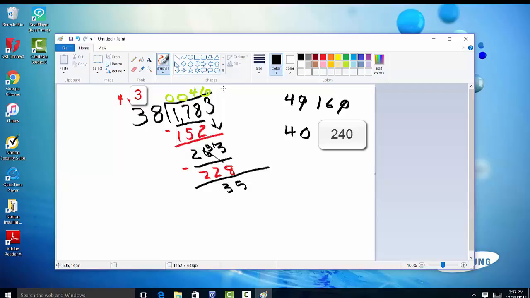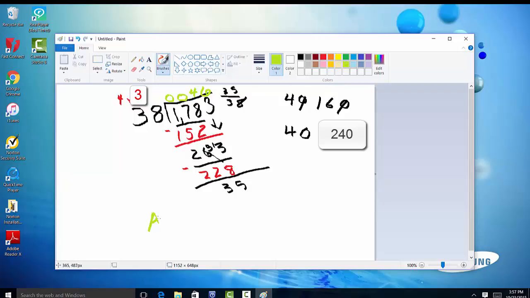We take the remainder, we put it over the denominator, and we record it as a fraction. So I'm going to change everything to green on the bottom.